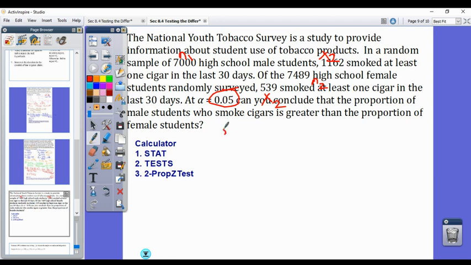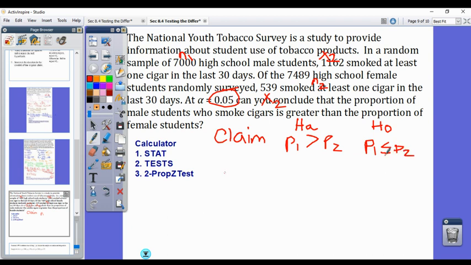So in this case, my claim is the males are greater than the females. That's going to be my alternative, which means my null is going to be less than or equal to.